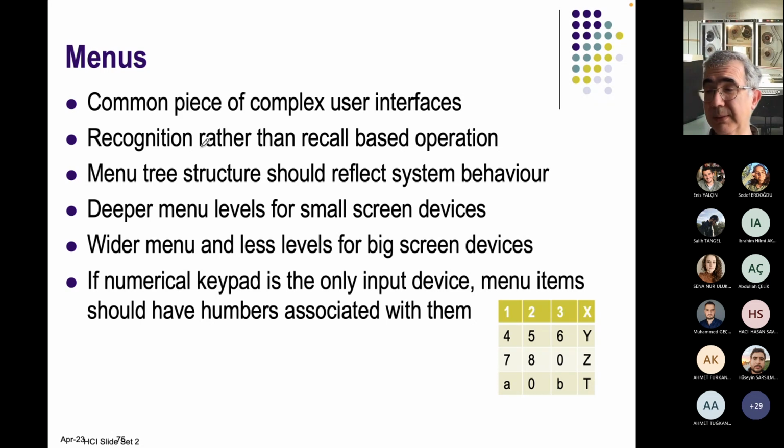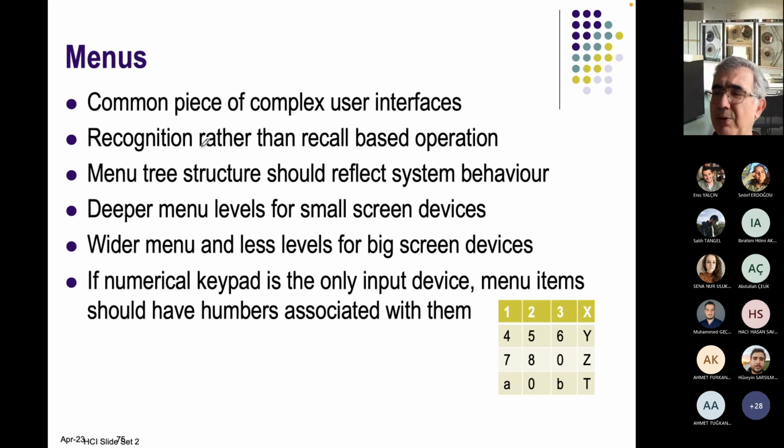Deeper menu levels for small screen devices are feasible. When you have smaller screens, you may have more items under the menus. When you have a wider screen, you should present all the choices with different buttons. It depends on the task. It depends on what you do in task analysis.